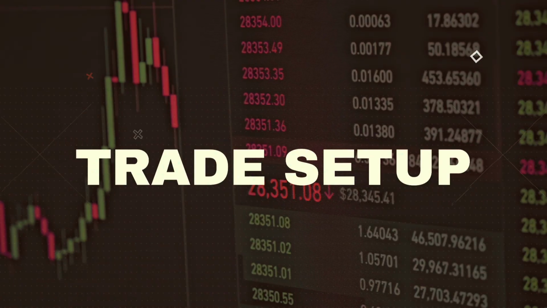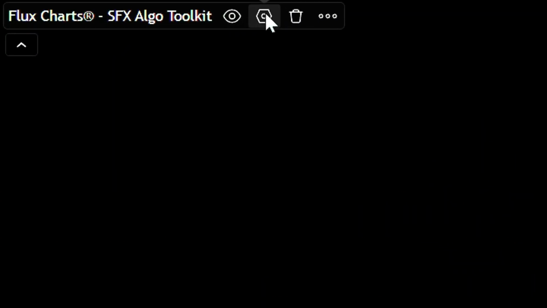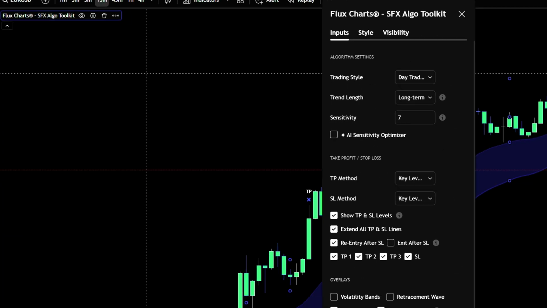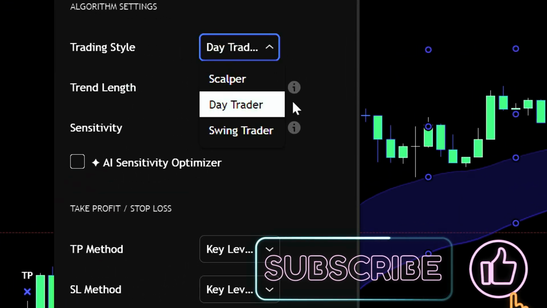Now let's get this set up. It's super straightforward. Once you add it to your chart, we're just gonna pop open the settings. First, I'll set the trading style to day trading.